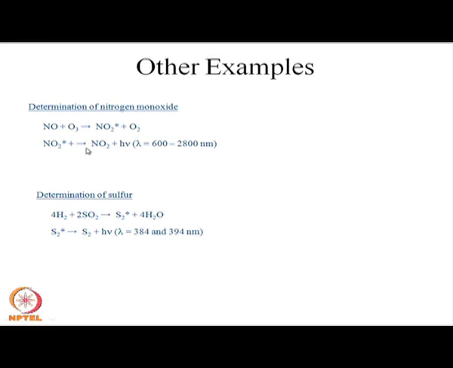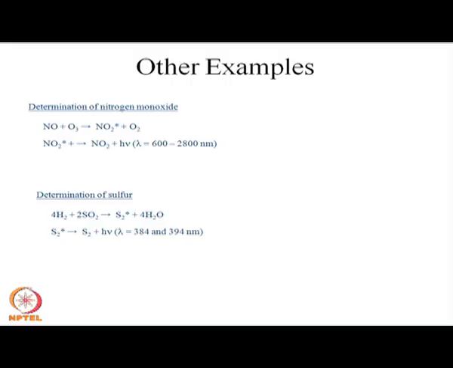And also for the determination of sulfur, you can use this particular reaction, that is 4H2 plus 2SO2 giving rise to S2 star plus 4H2O, and then S2 star giving rise to S2 plus H nu. So, lambda is 384 and 394 nanometers.